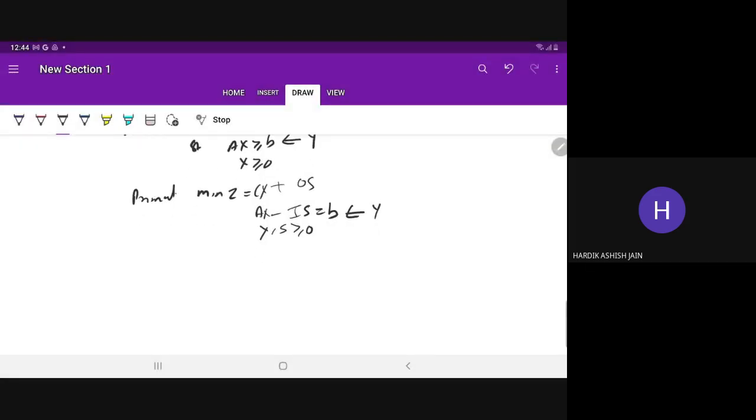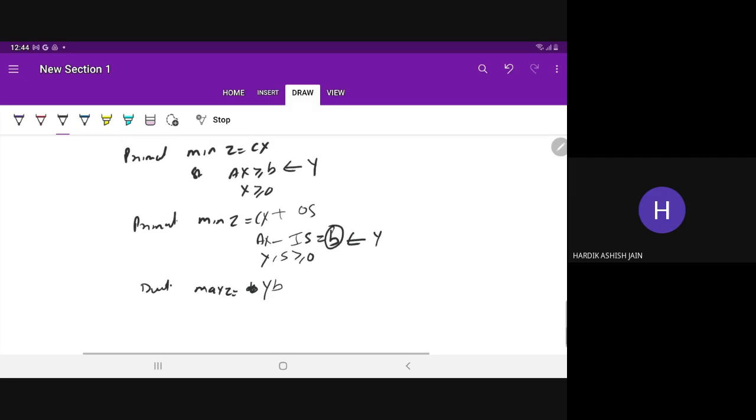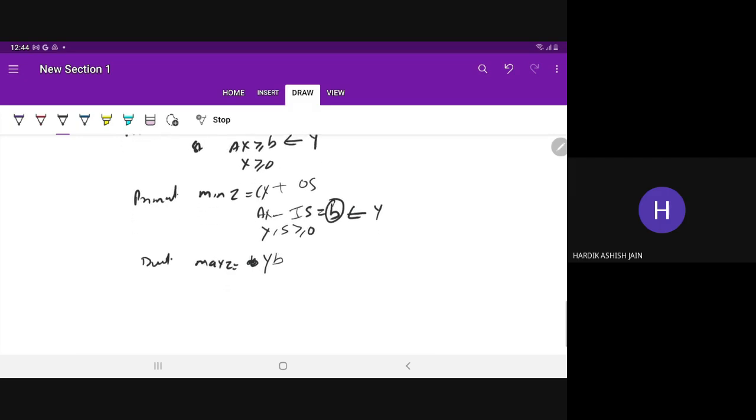Since this is the right hand side, the dual will become maximize Z = Yb, because here we have the matrix, so we have to check the matrix multiplication. Maximize Z = Yb subject to, corresponding to this, YA and C.